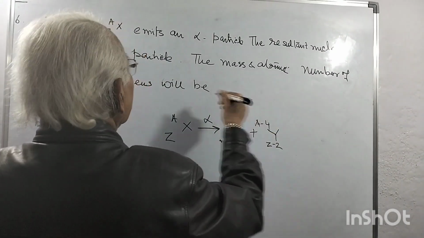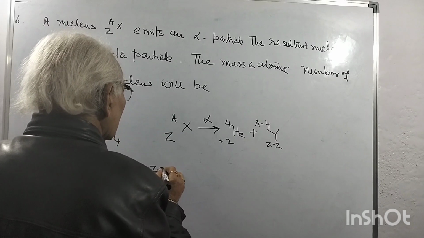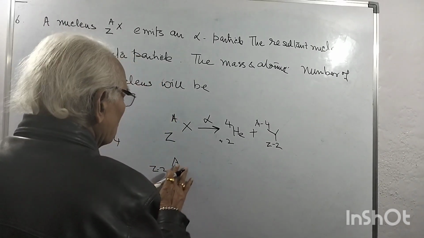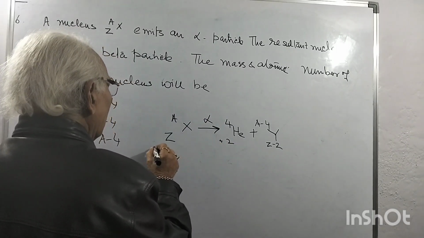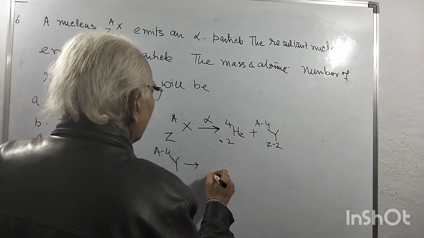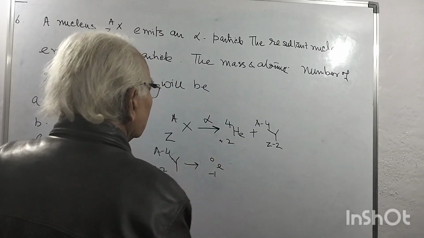Now this nucleus is having beta decay. So Z minus 2 and Y, A minus 4, decaying by beta emission. Beta emission means minus 1 charge and 0 mass.